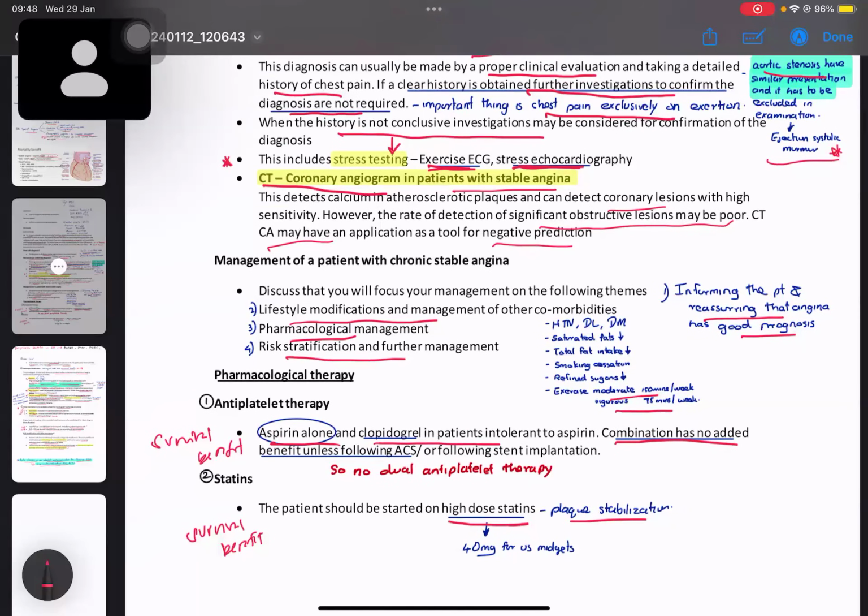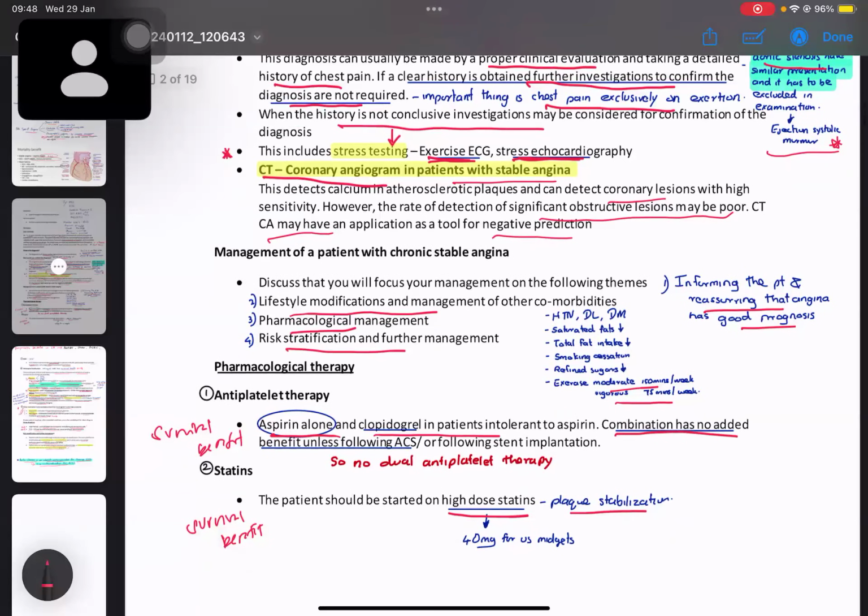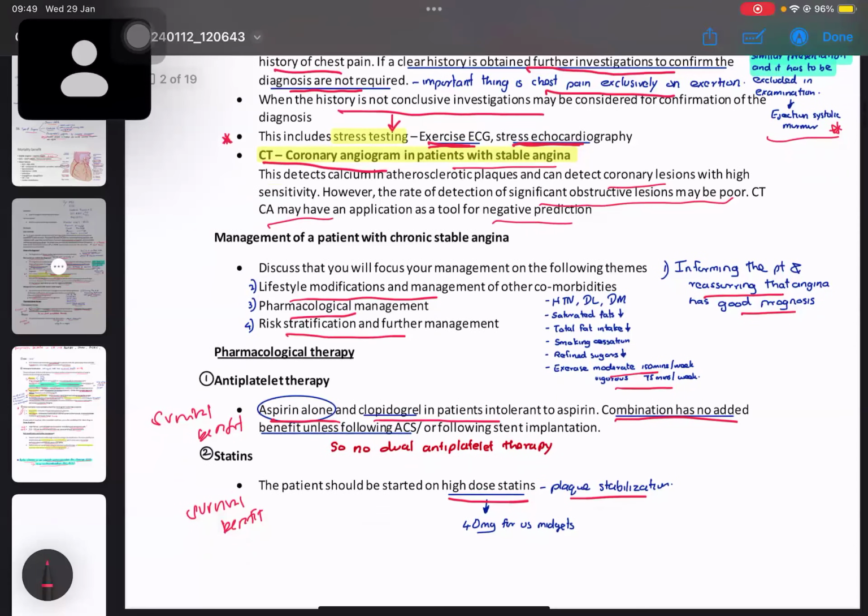Lifestyle modifications means advise the patient to reduce the saturated fat intake, total fat intake, and refined sugars. They should stop them or reduce them. And if he's smoking, he has to stop smoking, and he should exercise: if it is a moderate exercise, 150 minutes per week, and if it's a vigorous exercise, 75 minutes per week. Like that, you have to advise these things.